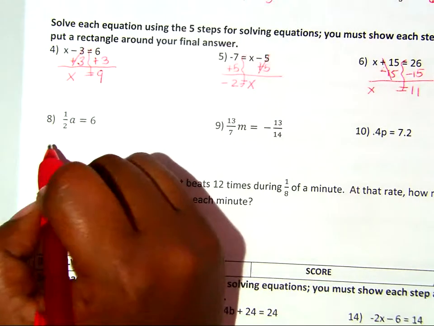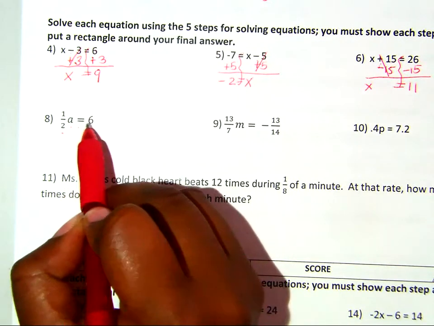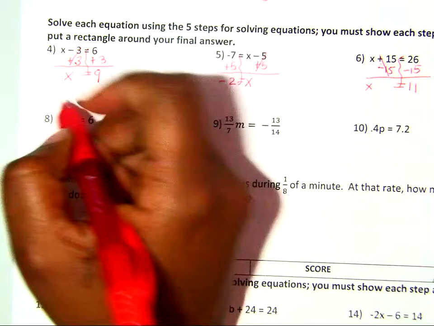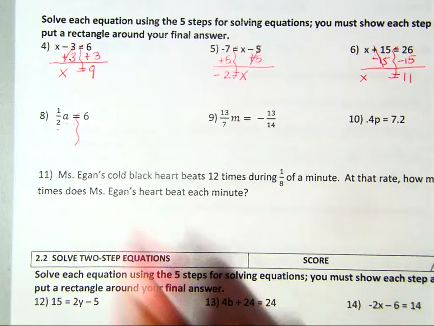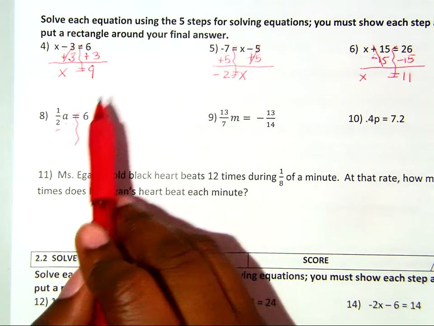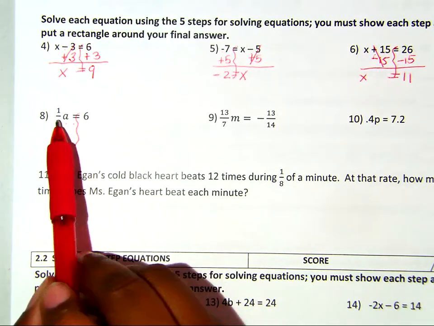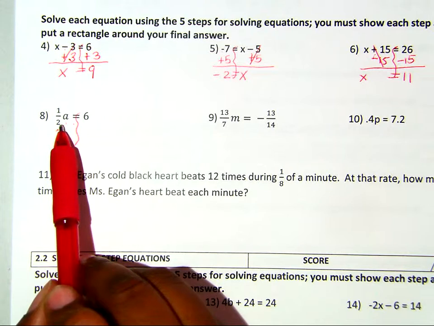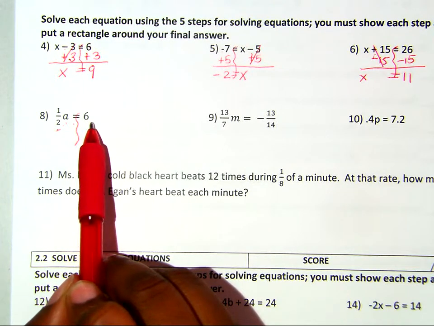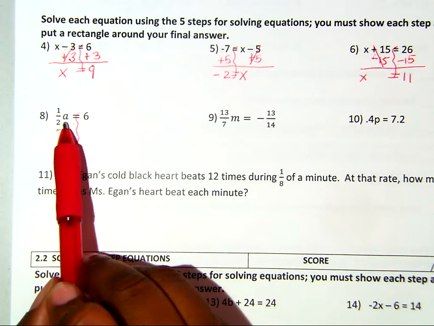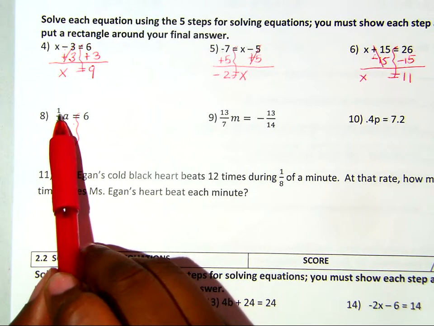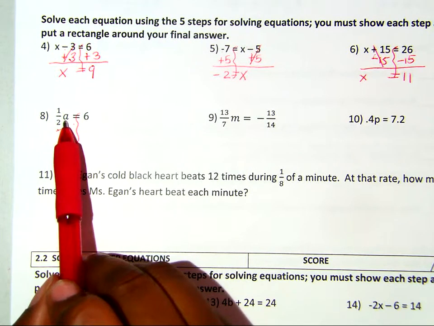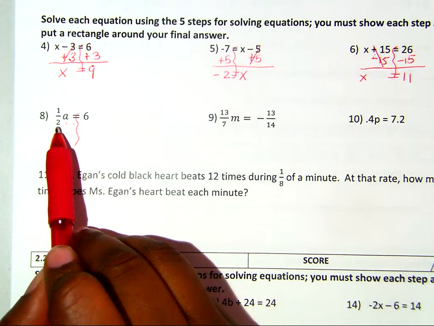Number 8, 1/2 A equals 6. Here's my river. Can I distribute over here? No. Can I distribute over here? No. Can I combine anything over here? No. Can I combine anything over here? No. Time to rewind. This is a multiplication problem. 1/2 times A. It's time to do the reverse.